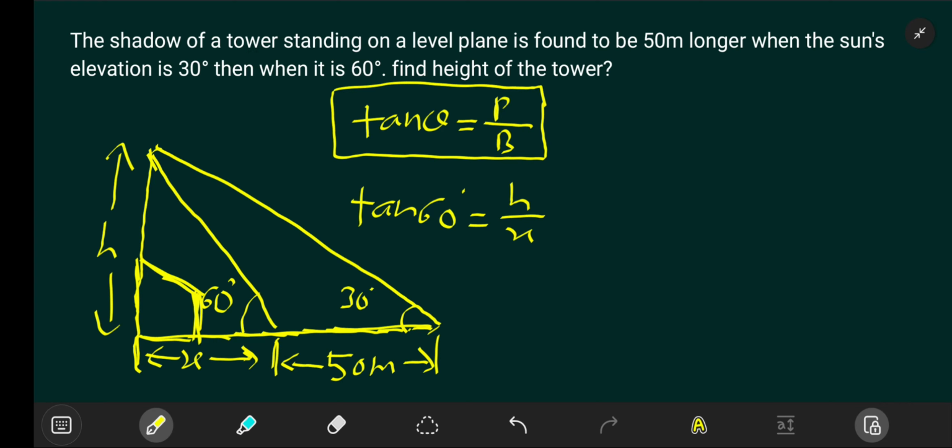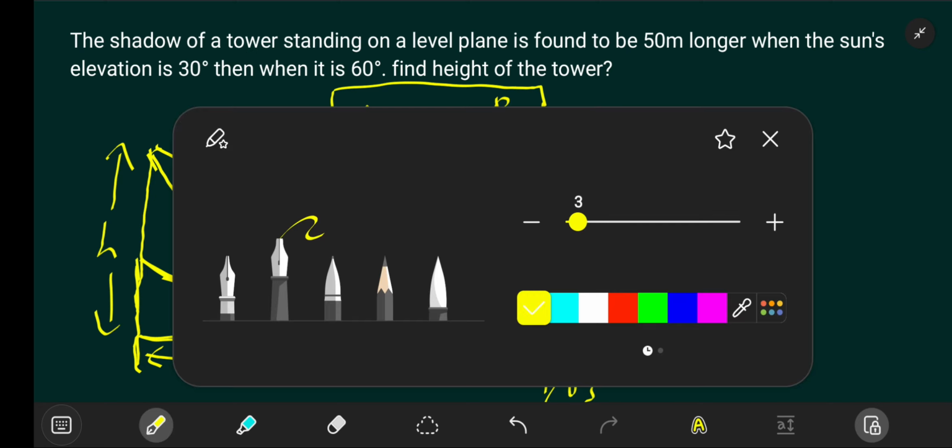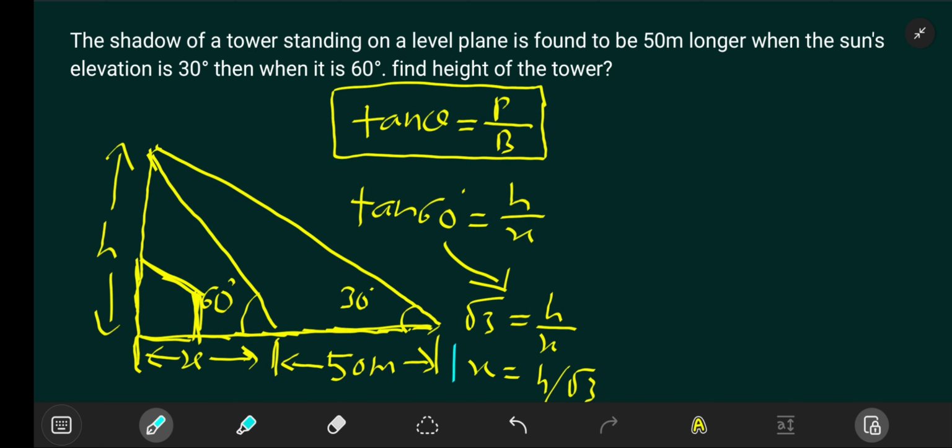We know tan 60 degrees is root 3, that is equal to h upon x. Send root 3 to the right hand side, so that we get x is equal to h divided by root 3. x is equal to this value.